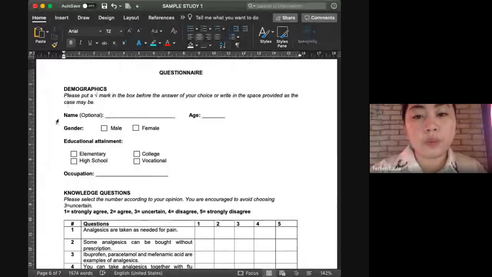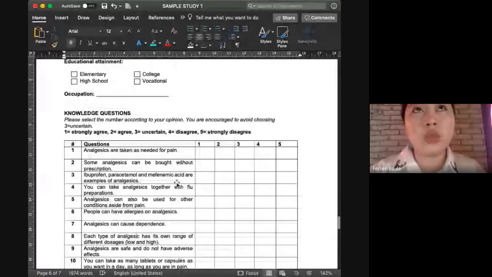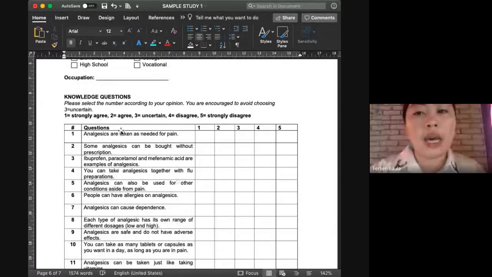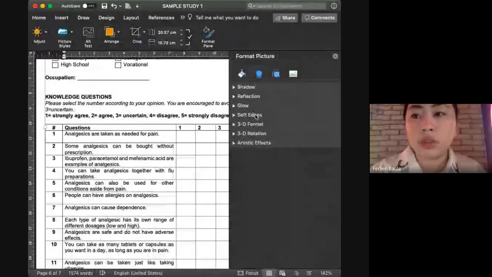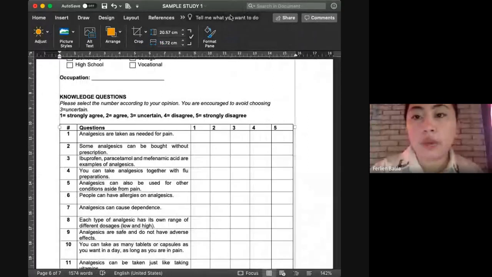So ito. Yan. And the questionnaire, if you want the questionnaire to be answered by using Likert scale, so you will have this section. Yan. So ito yung ating Likert scale.